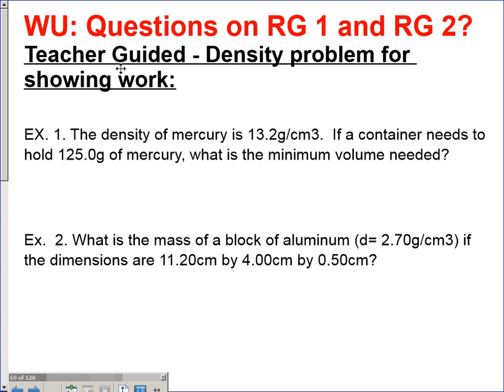Who needs a stapler? Stapler? This one's going to come back. Okay. And raise your hand if you need a calculator.